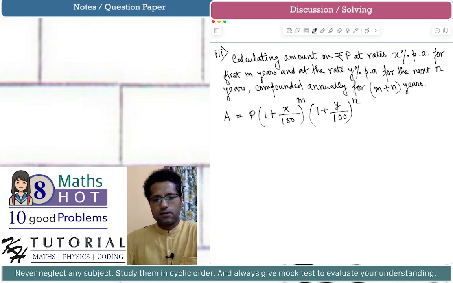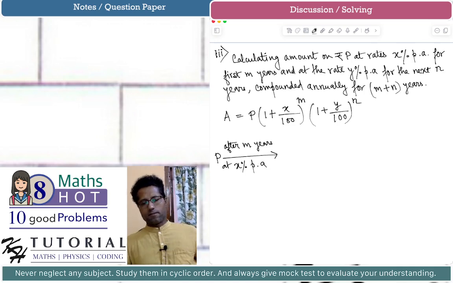So we start from P, and let's say, what will be the amount after m years, where the rate is X% per annum.